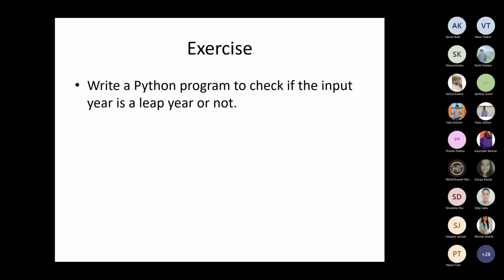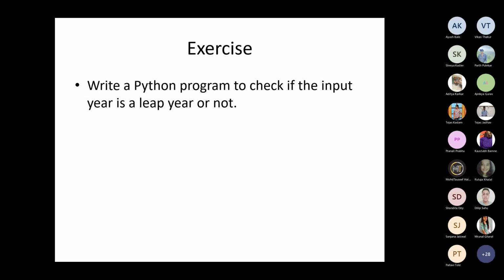Can you please post immediately? Come on. Read the year from the user. So first input we can get is year, and the second one a number of days in February.